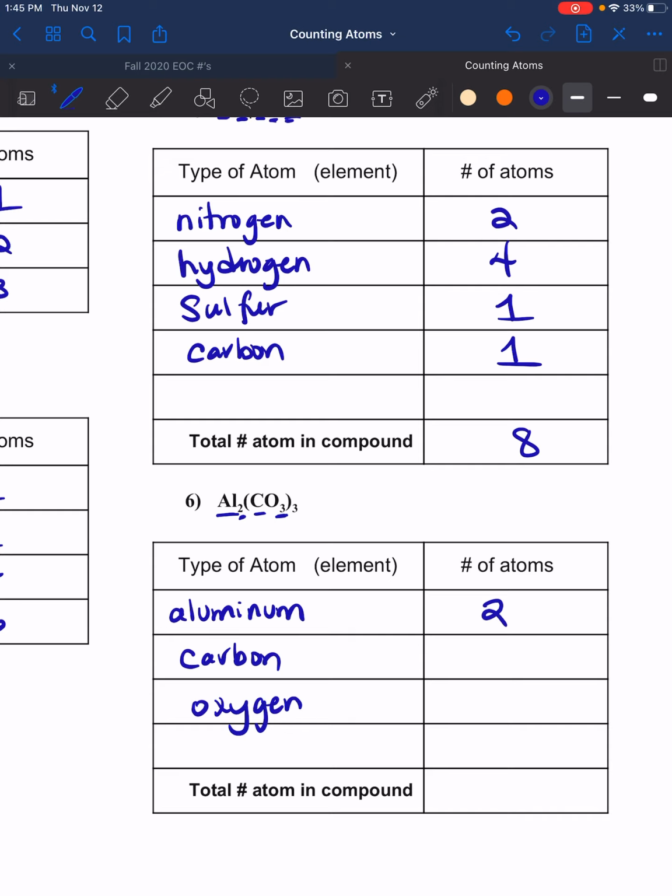And let's try our trick here again by expanding that CO3. What it means is, there's the Al2, the aluminum, and then there's one CO3, here's a second CO3, and there's a third CO3. And now counting gets much easier. 1, 2, 3 carbons, 3, 6, 9 oxygens for a total of 14 atoms.